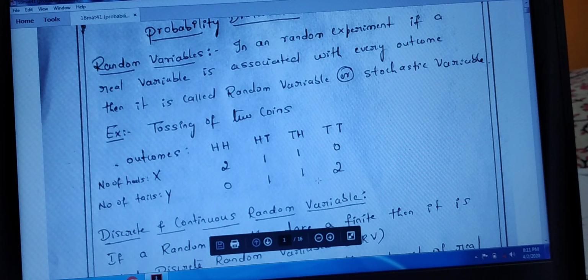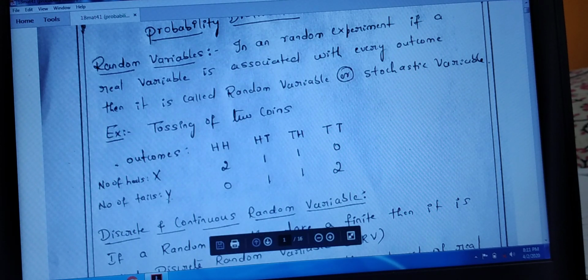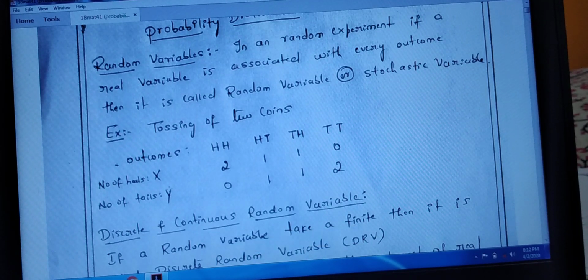In our third experiment, we have got one tail and one head. Since we have only one tail, we have assigned the real number 1 for the random variable Y. Similarly in our fourth experiment, we have got both tails, so we have assigned the real number 2 for the random variable Y. So here are the real variables.